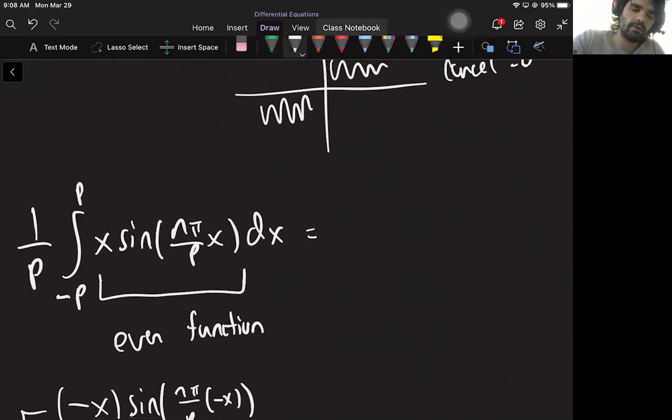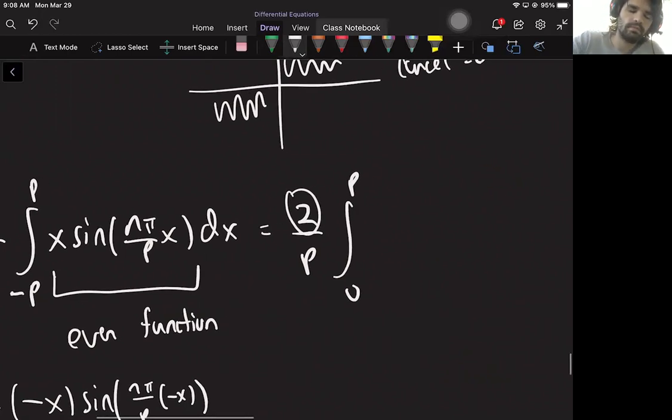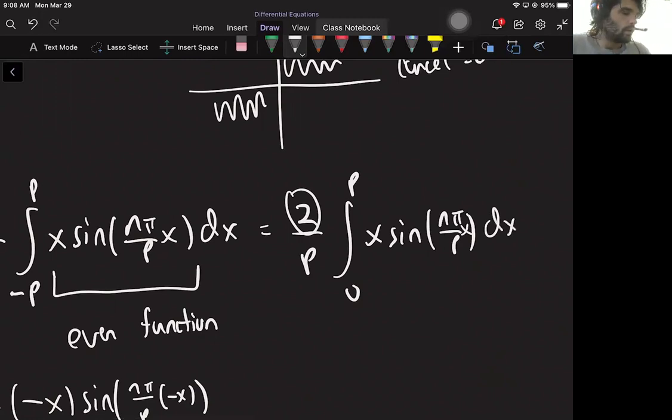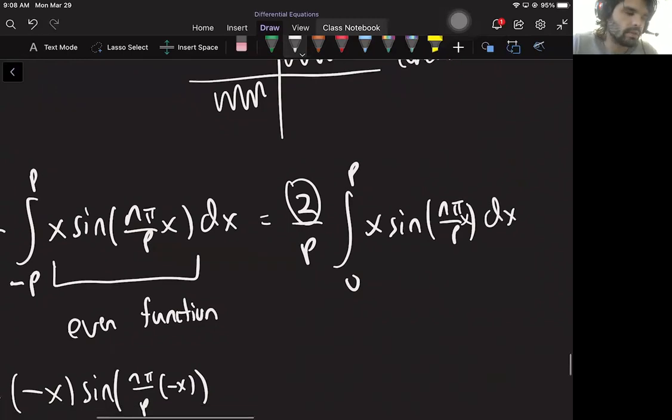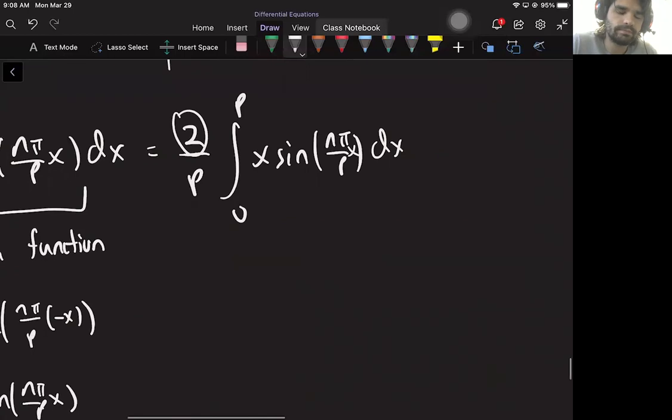So we're just going to integrate from 0 to p. We're just going to do half of it and then double the area. So we're going to multiply by 2. It doesn't really save us that much time because we still have to do the integral, but you don't have to plug in negative p, I guess, at least. Okay, so that's because this is an even function.